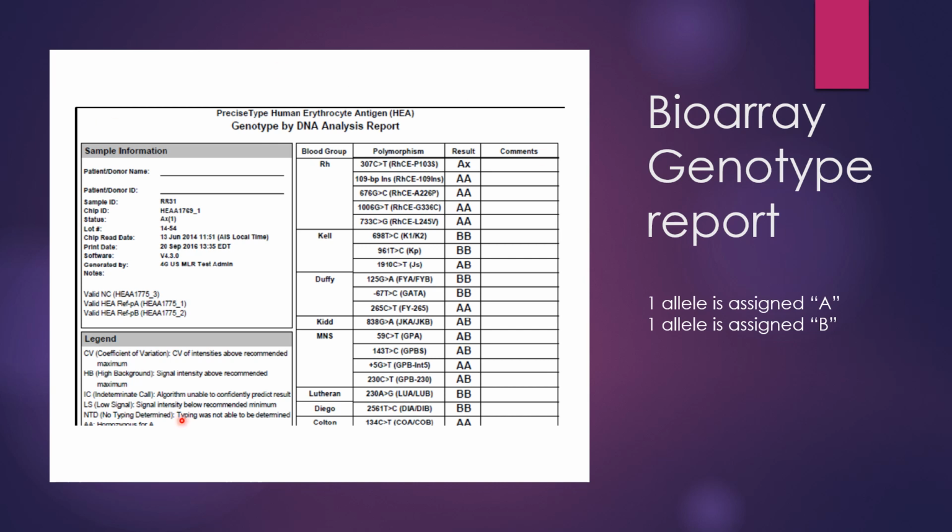This is their genotype report. You can see it tells you what polymorphism it's looking at, but it doesn't tell you what nucleotide it actually detected in the assay. So it'll tell you it either saw the A or B, but it doesn't tell you which one is which.